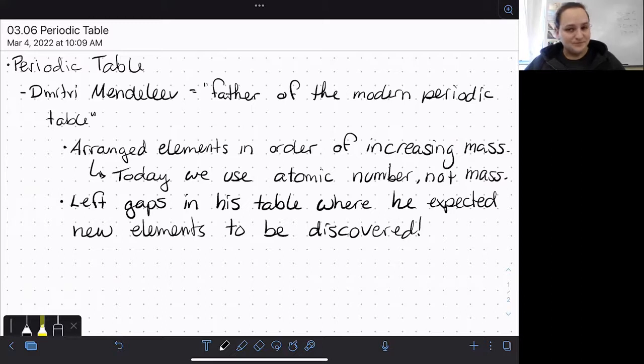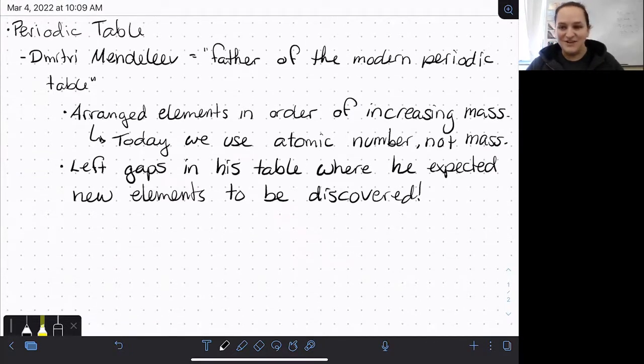And Mendeleev realized that if there were other elements out there that we had not yet discovered, that would fill in these holes, it would make the trends work. So that is where we get the general organization from.